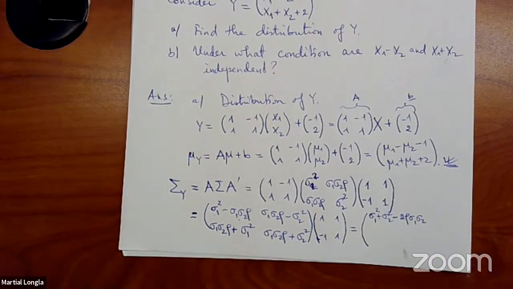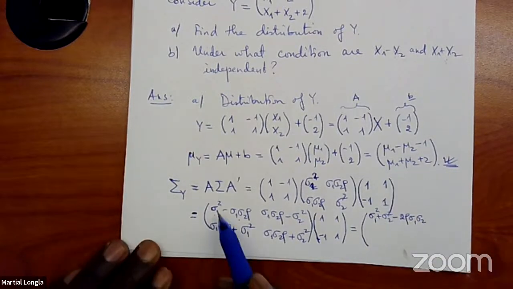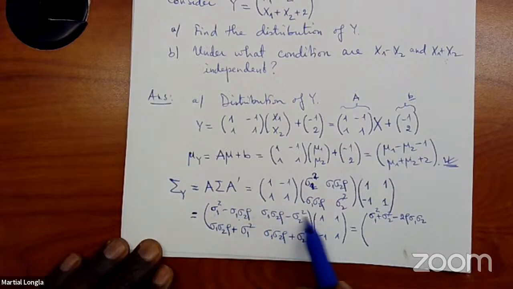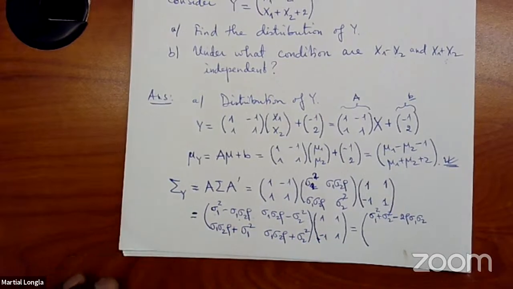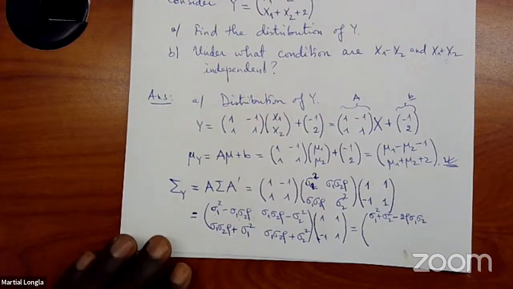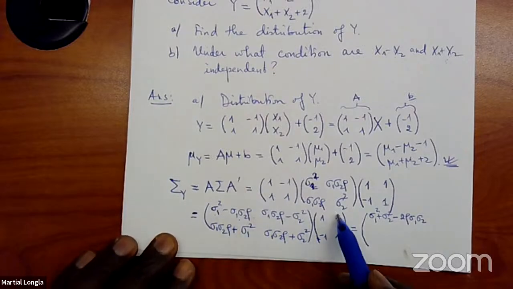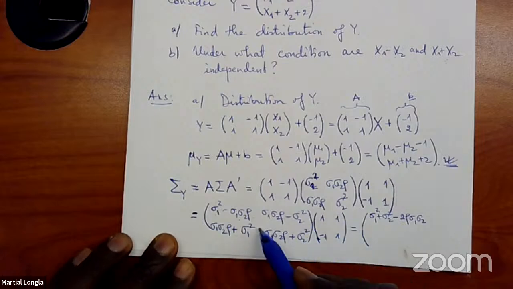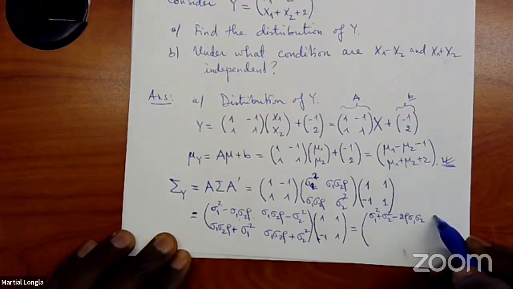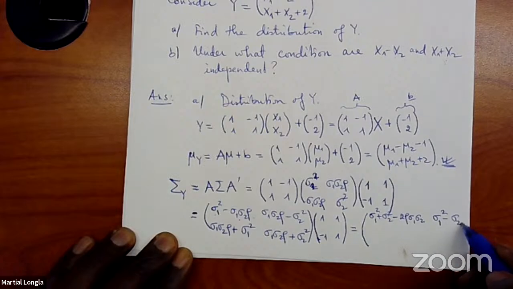Agree? This times 1 plus this times negative 1. Then you multiply here and you add. When you add here, what happens is that this guy cancels with that one. So you have sigma 1 squared minus sigma 2 squared of diagonal here.